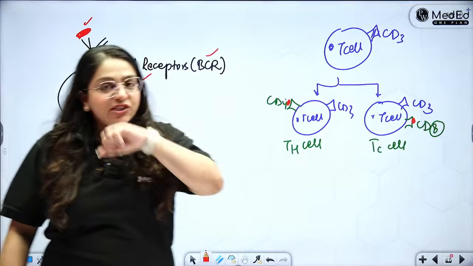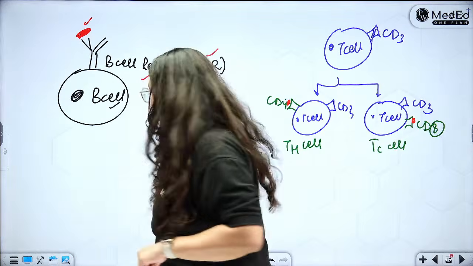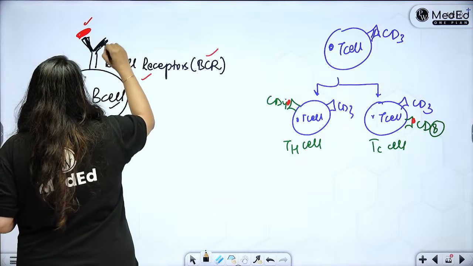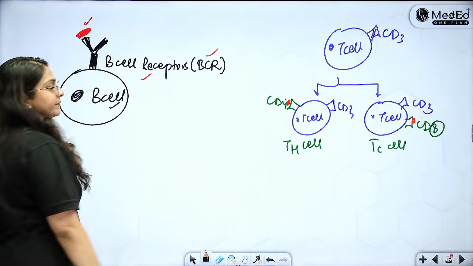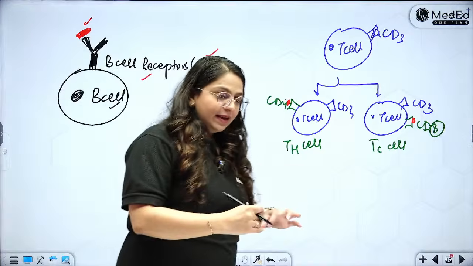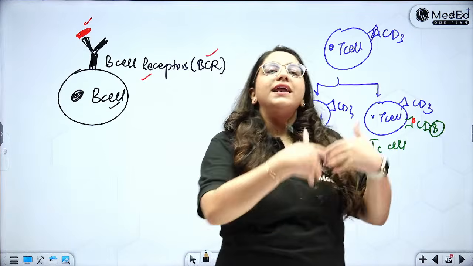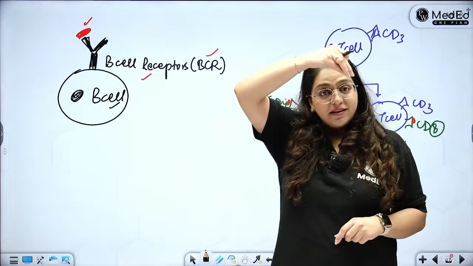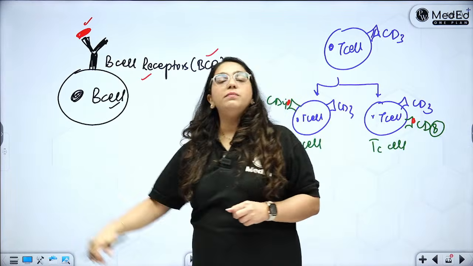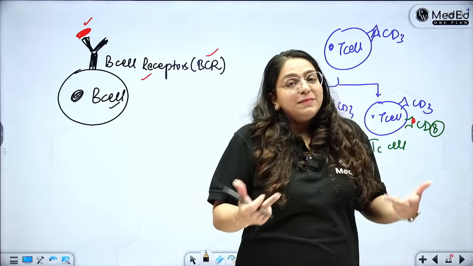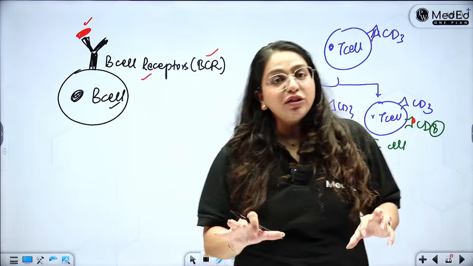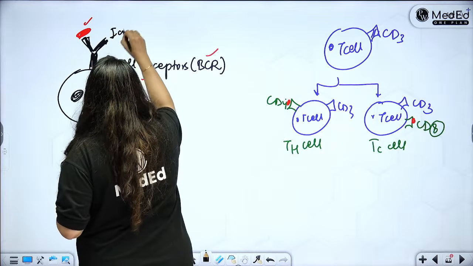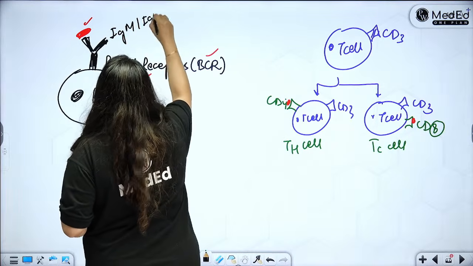What is the nature of this B cell receptor? Do you know that these B cell receptors by themselves are antibodies? Okay, a B cell after activation eventually produces antibody, correct? But the receptor which is present on a B cell surface, which makes a B cell, is also an antibody, specific antibody, which is either IgM or IgD, no other antibody.